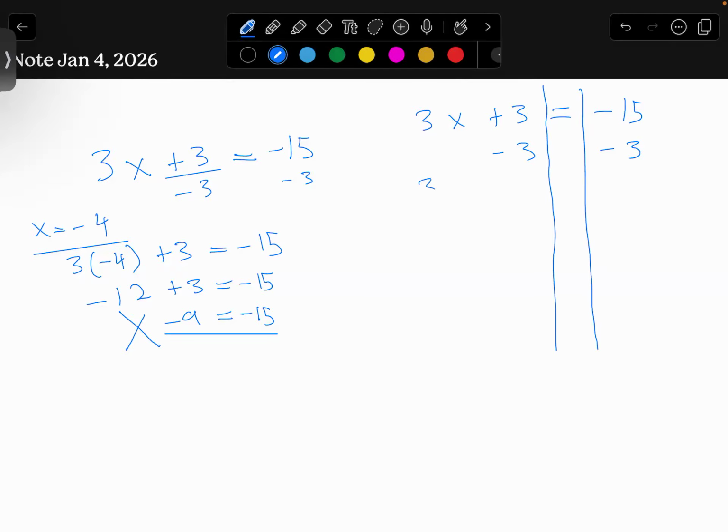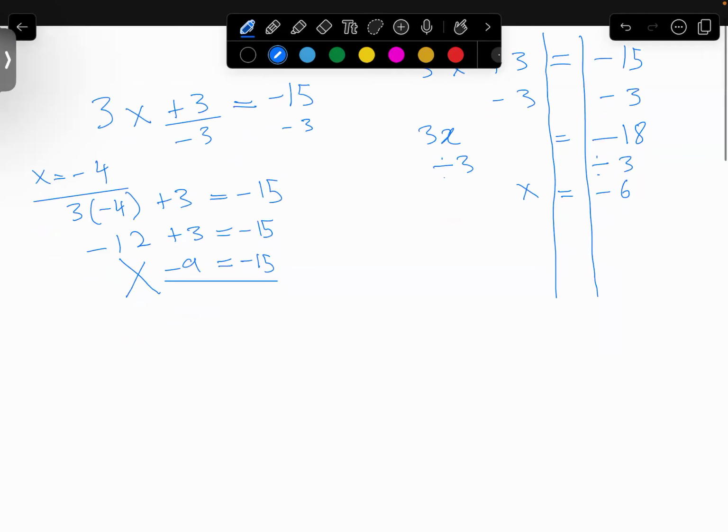And this would be 3x is equal to, now if we do minus 15 minus 3, this would be negative 18, because we are subtracting from a negative number, so it is only getting more negative. Now we divide both sides by 3. And this leaves us with x is equal to negative 6.